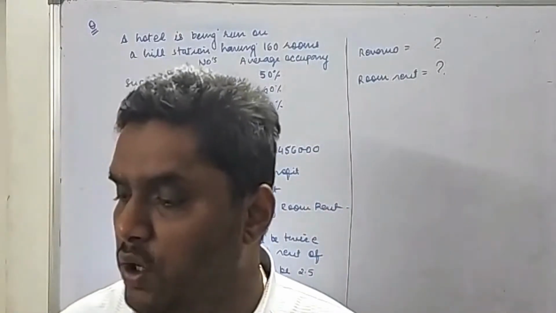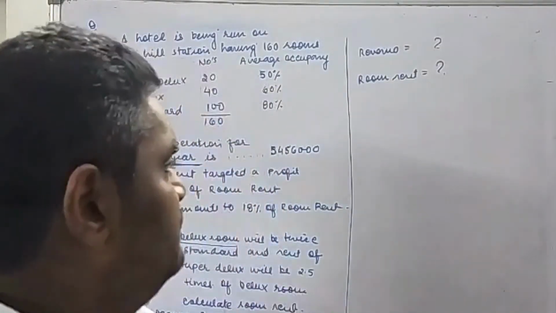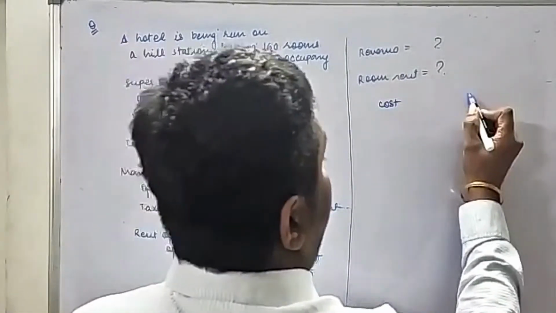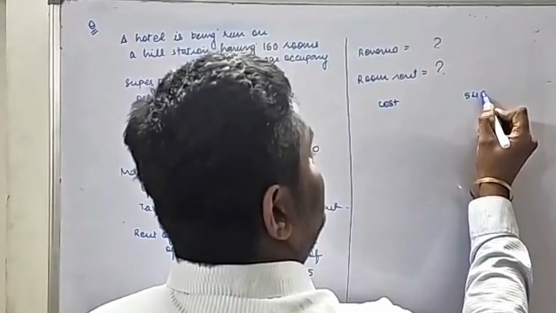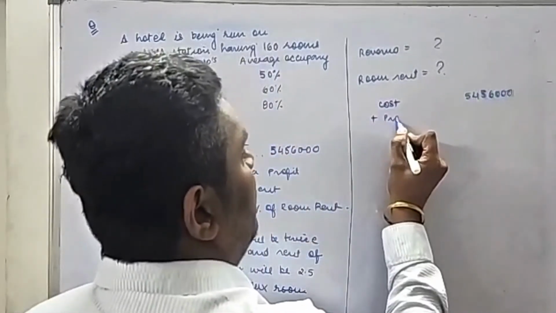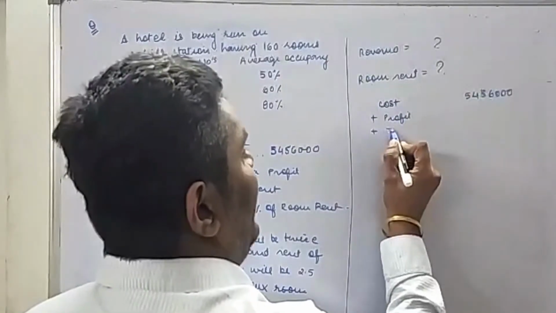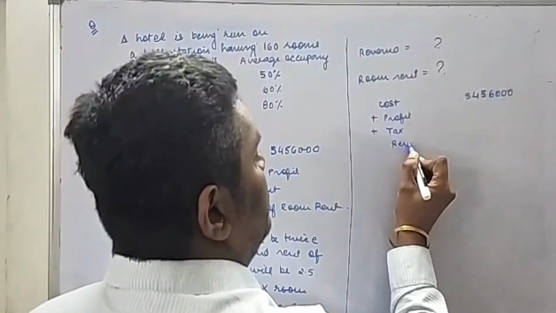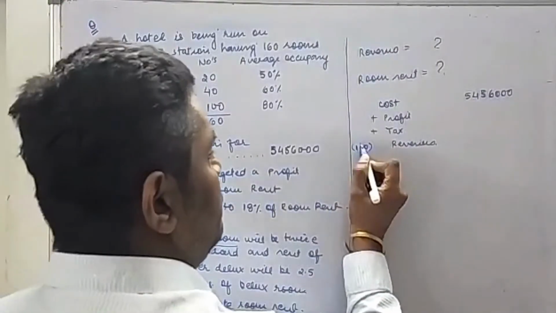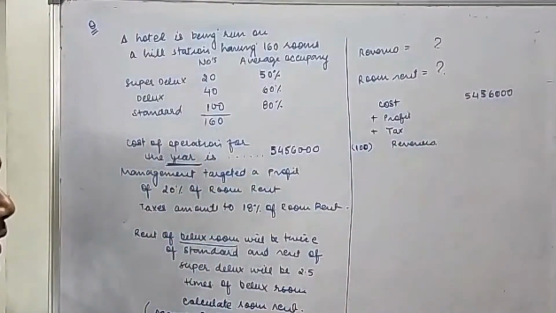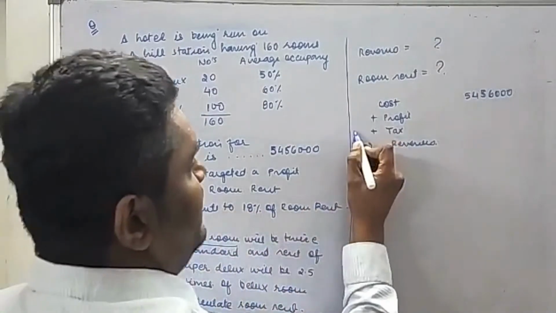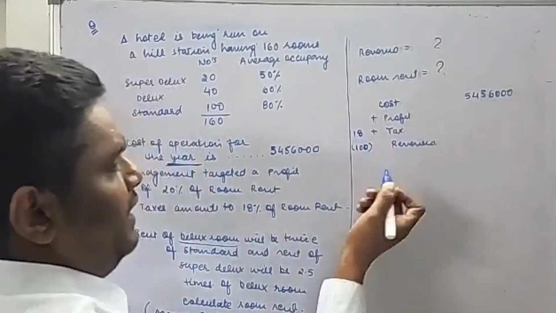So for the students who are not being able to calculate the revenue, see, we have the cost, that is 54 lakhs 56,000. In this, we have to add profit and tax to calculate the total revenue. So let's say the revenue is 100. Now see, taxes amount to 18% of the room rent, which means 18 of revenue.